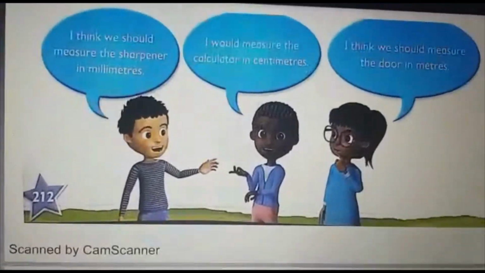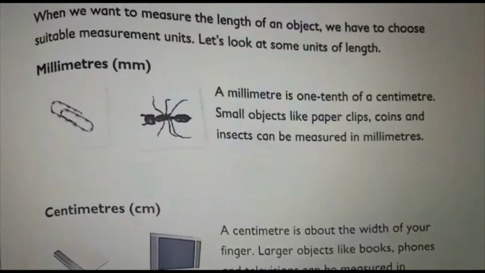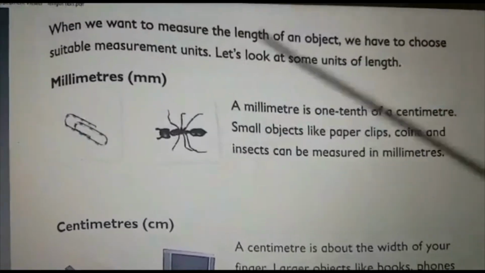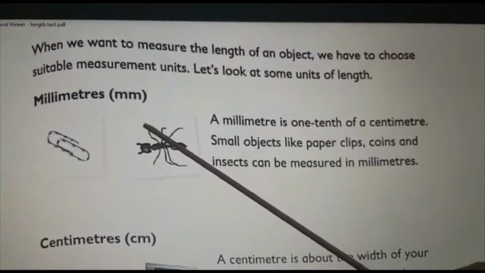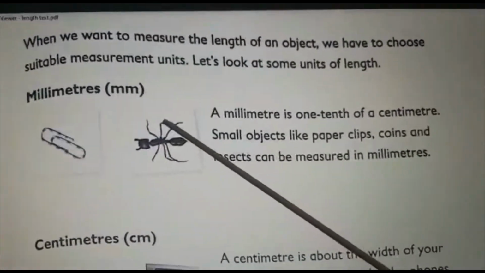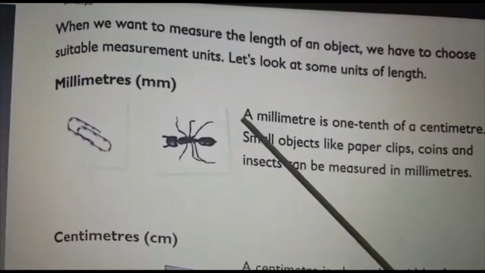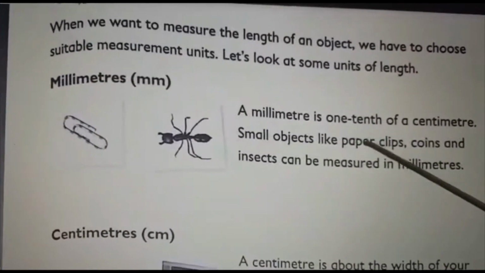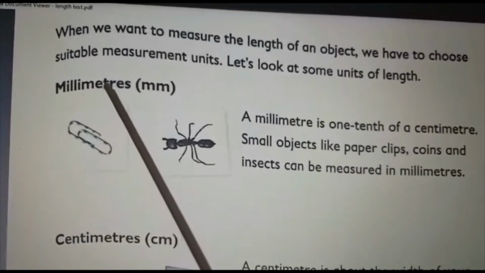The smallest measuring unit for length is the millimeter, and we will represent it by mm. So millimeter is the smallest measuring unit for length. When we say length, this meter will always be there.